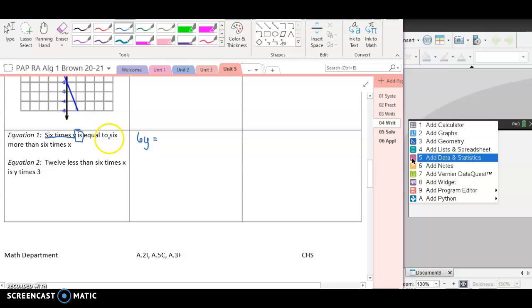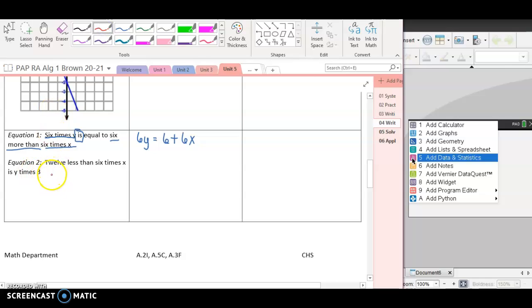Is equal to 6 more than. So that means we have to add 6 to whatever else we're doing, which is 6 times x. So that means 6x, right? Okay, so that's our first equation.